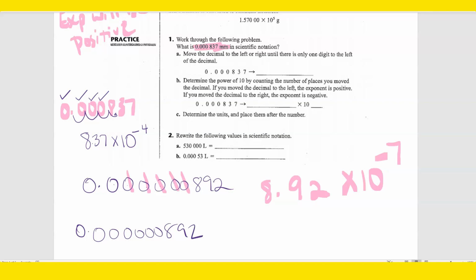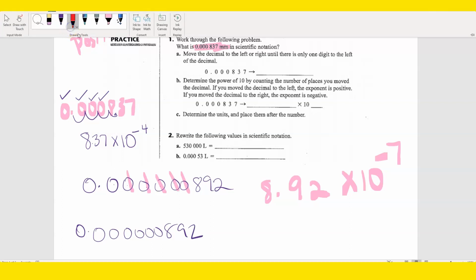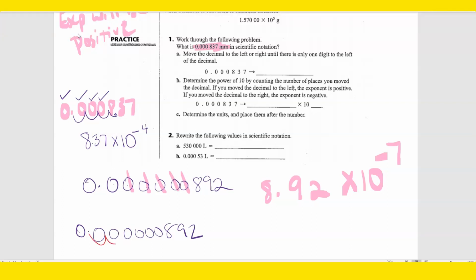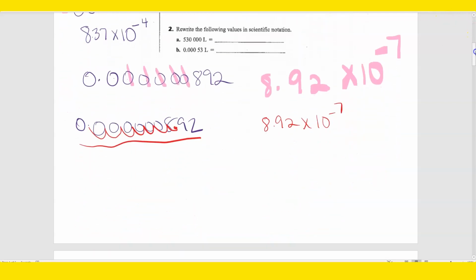And I move my decimal, okay? Watch this. 1, 2, 3, 4, 5, 6, 7. It took me 7 times to move it. And because this was a small number, it's to the negative power. 8.92 times 10 to the minus 7th power. Real simple.